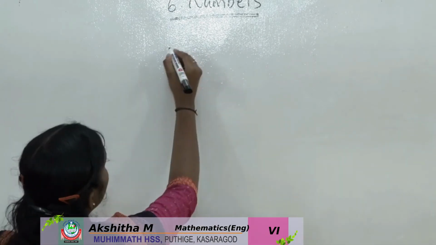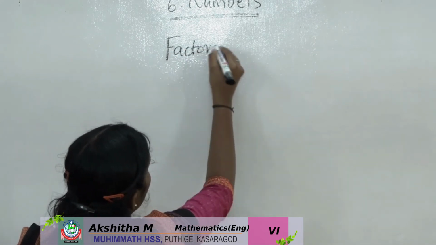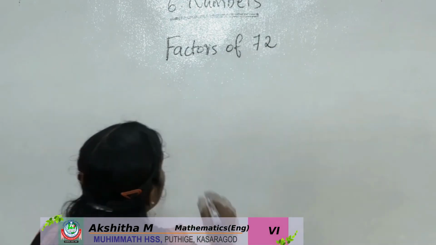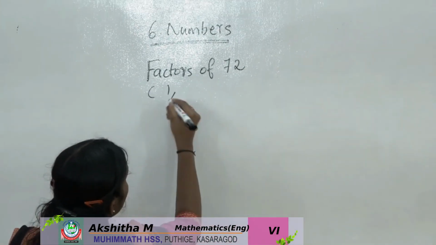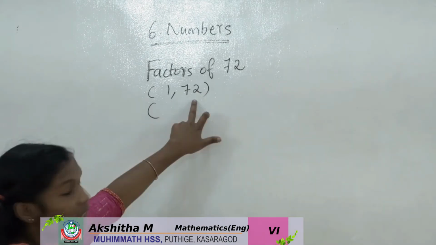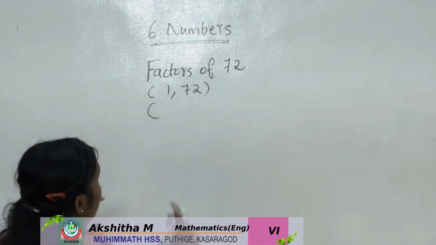So, factors of 72. 72 means 72 dots wide and 1 dot high, like that.